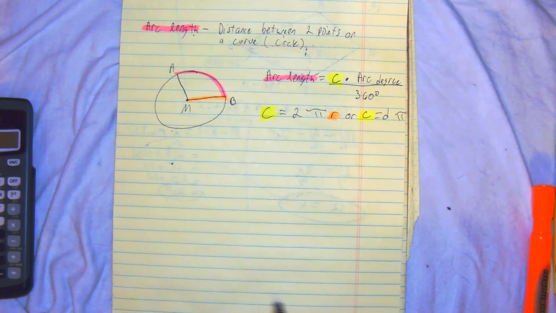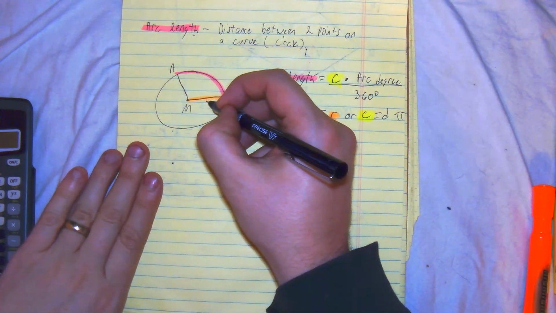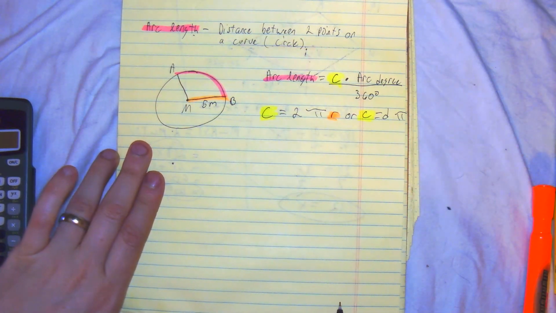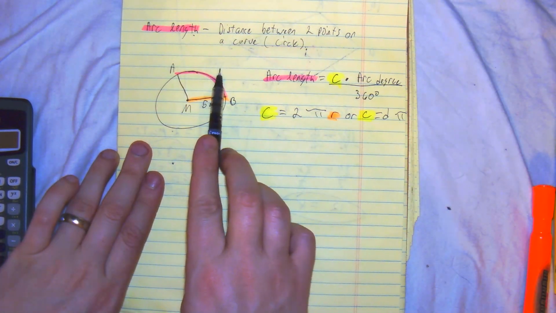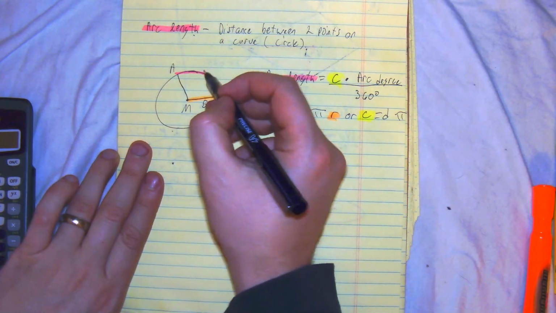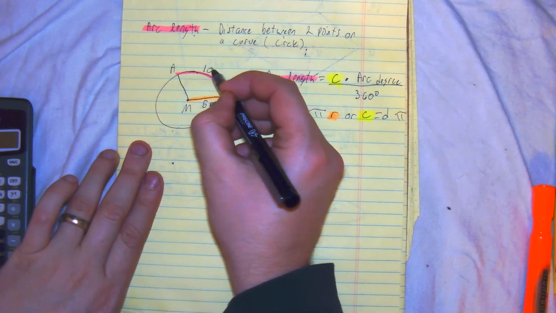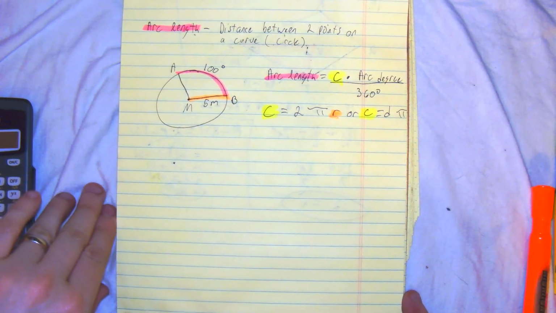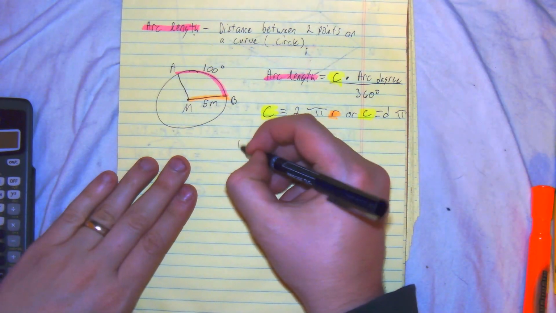So let's just pretend that this is 5 meters. Okay? So we have a radius of 5 meters. And then let's pretend that this is, let's just say, 100 degrees. Alright? So the way you would do this, it would look like this.